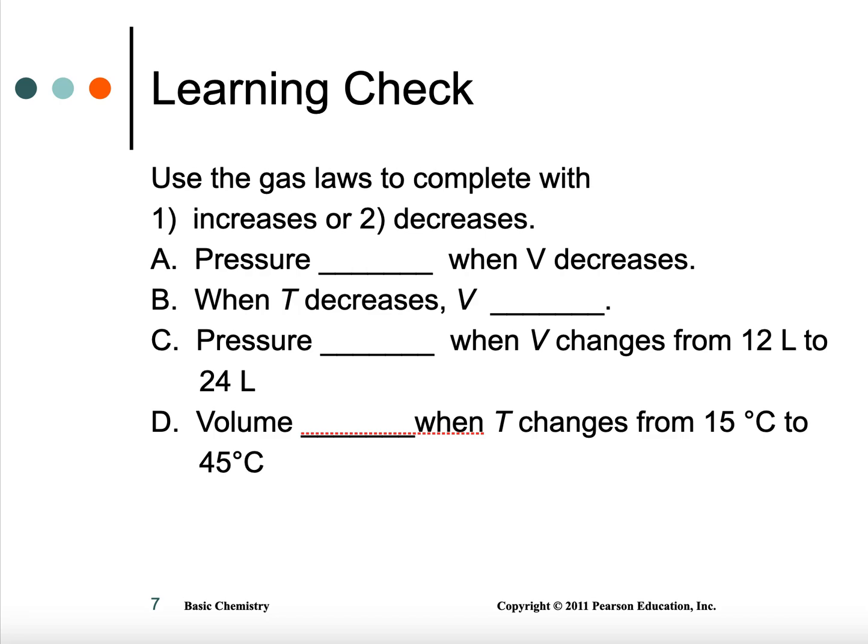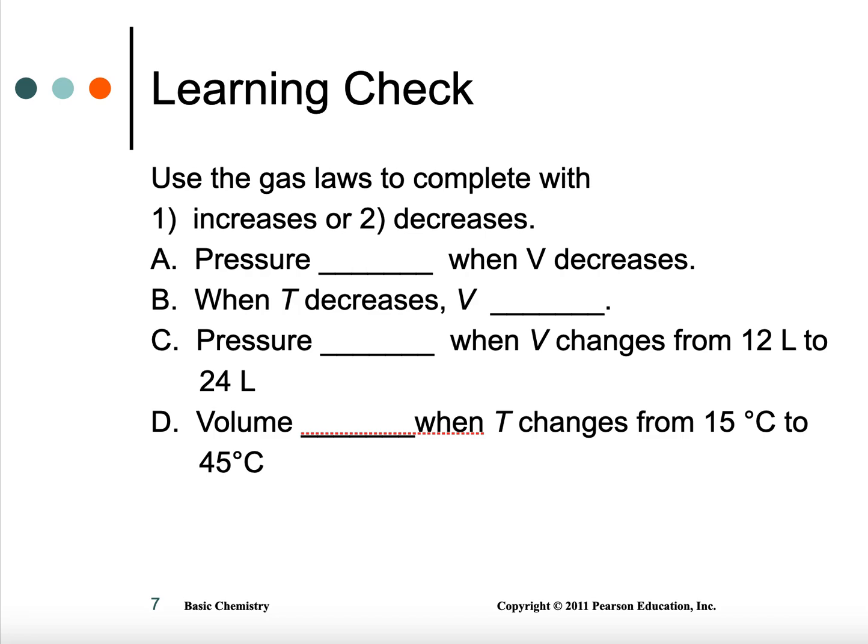What happens with pressure and volume? Okay, pressure and volume are inverse. So as V goes up from 12 to 24, so it doubles, pressure has to go down by 2, so it halves.